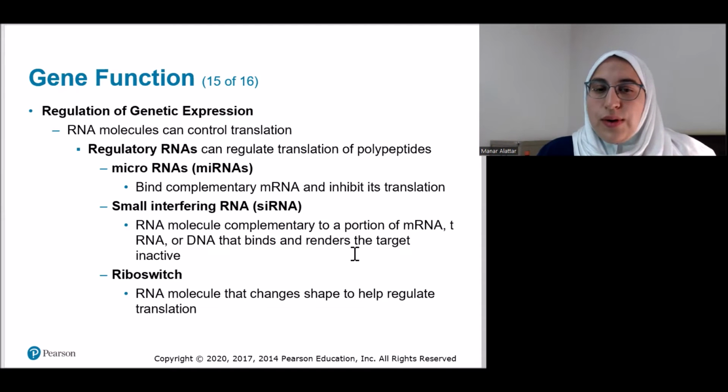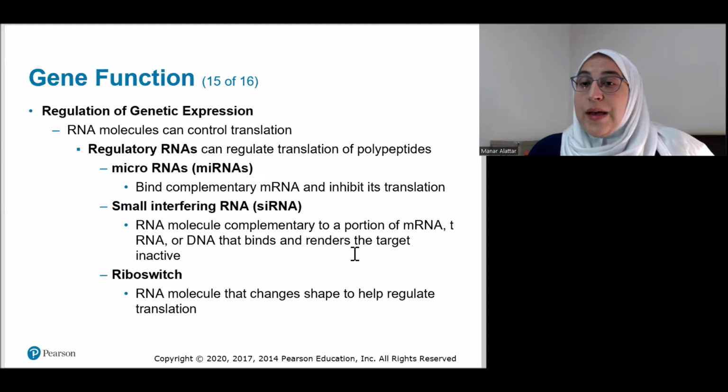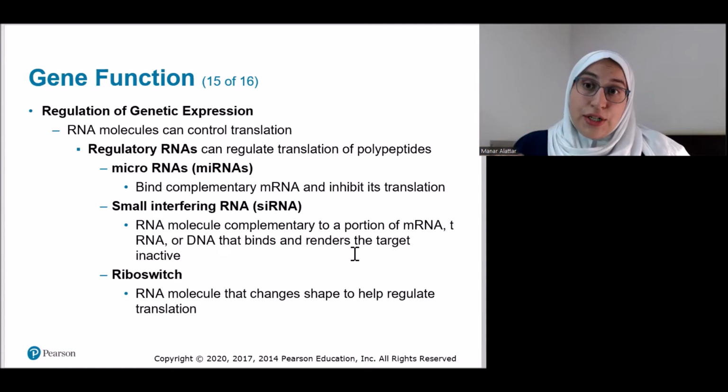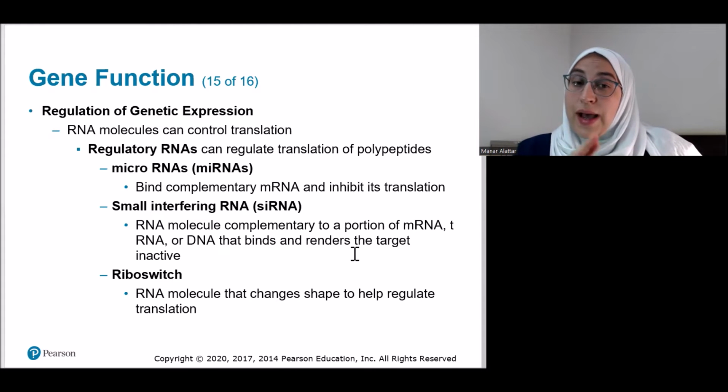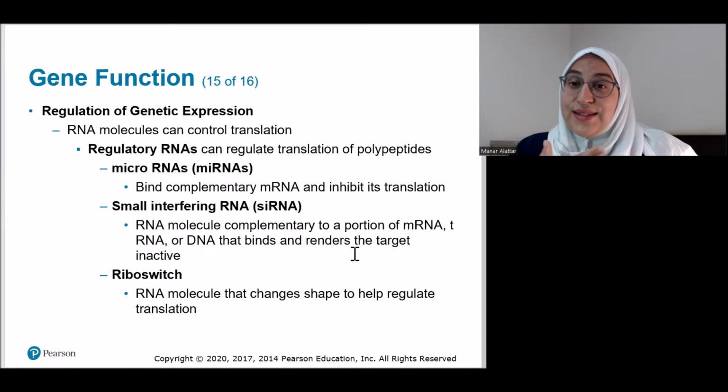One example is the plague pathogen Yersinia pestis. This actually has its pathogenic or virulent genes turned off by a riboswitch until it's at about 37 degrees Celsius, which is the temperature of our bodies. Humans are the host.